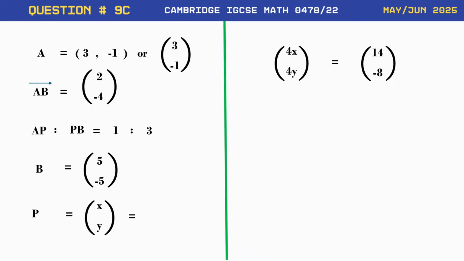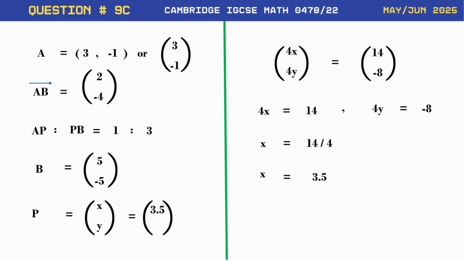By comparing the corresponding coordinates, we get two equations. First is 4x equals 14, and the other one is 4y equals -8. Let's resolve the first equation, so x will be equal to 14 by 4. Resolving further, x will be equal to 3.2. So we have found the x-coordinate of P, great.